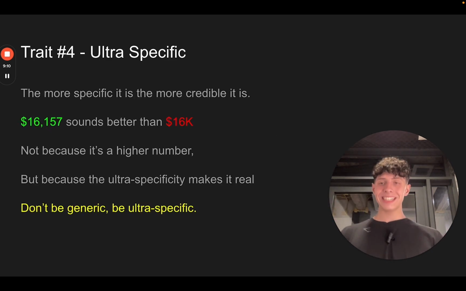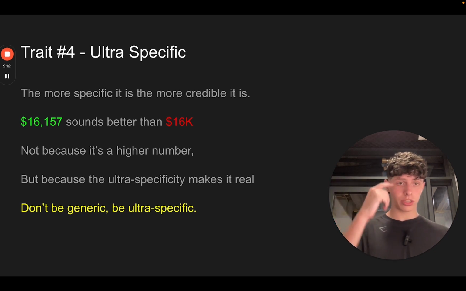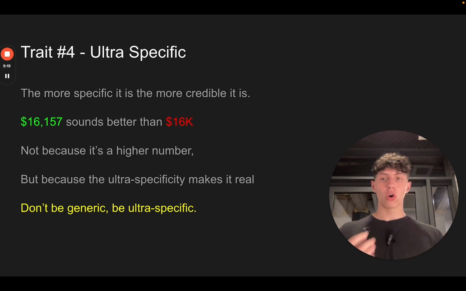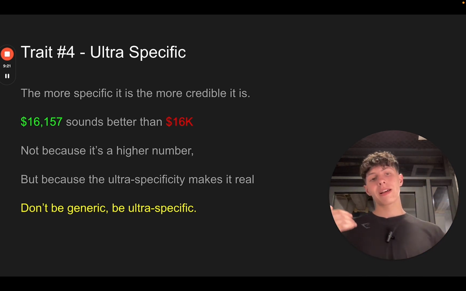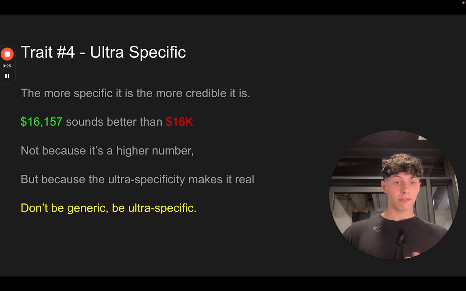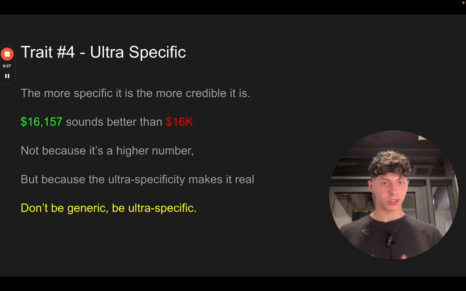Ultra specific. This is very important. It follows the human psychology of curiosity and credibility. When you try to build authority, talking big numbers, most people confuse that with the scammy guru and stuff like that. So it's important that our numbers are credible.